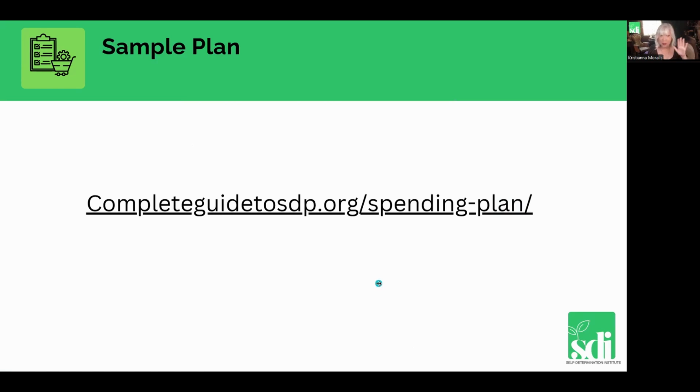To get those spending plan templates that I just showed you, go to our complete guide to sdp.org/spending-plan, and you can get the sample spending plans there so that you can use.